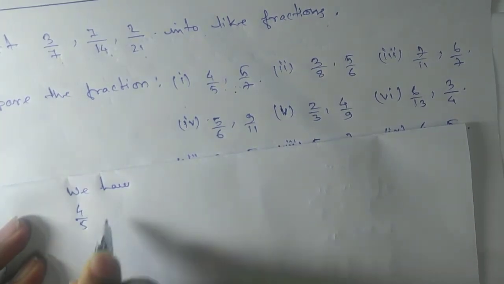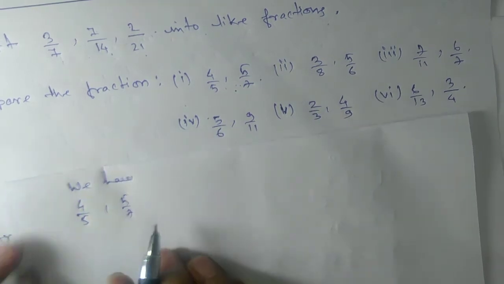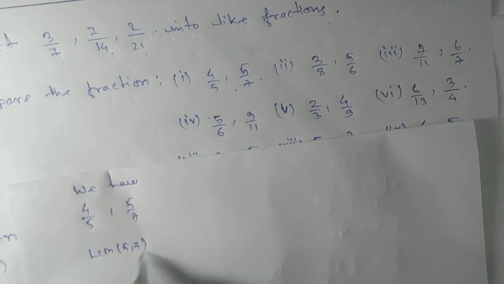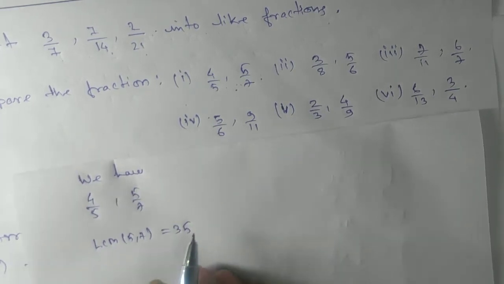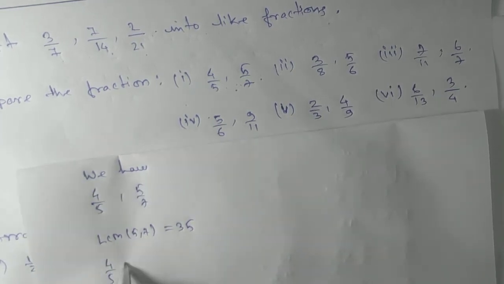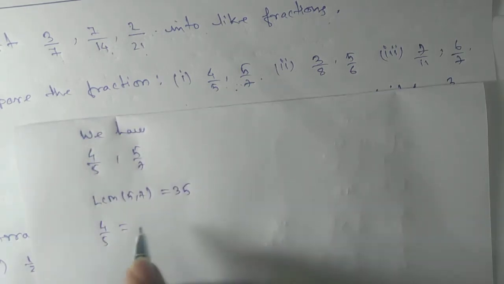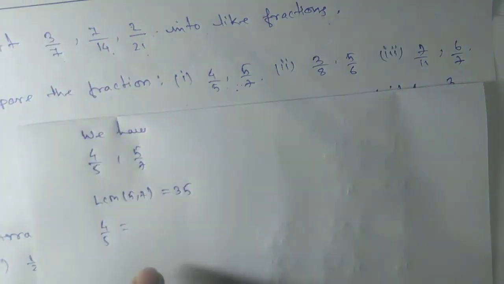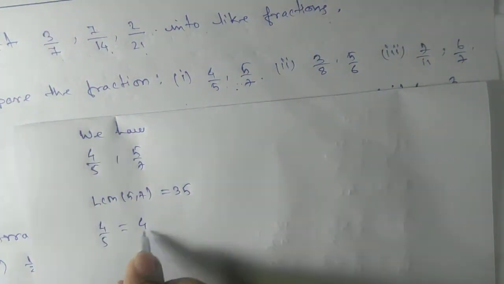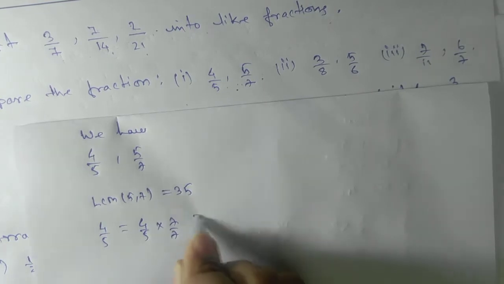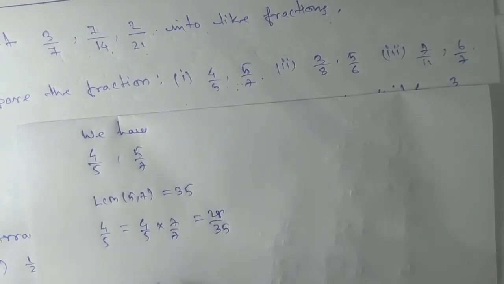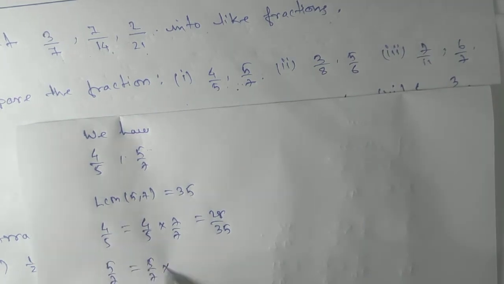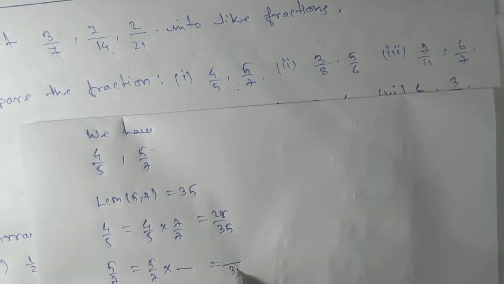So here we have 4 by 5, another is 5 by 7. Take the LCM of 5 and 7, you get 35. Convert 4 by 5 into an equivalent fraction where the denominator will be 35. So 4 by 5 into 7 by 7 is 28 by 35. Next, convert 5 by 7 with denominator 35.